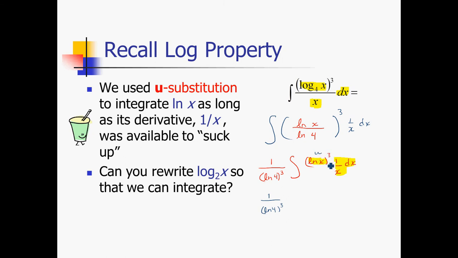This is u. I'm integrating stuff cubed, and this is du. So how do you integrate stuff cubed? Right, or u cubed, it's u to the 4th over 4 plus c. And what is my u? See how I'm skipping a couple steps here?